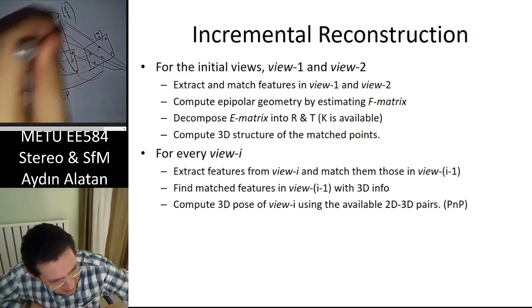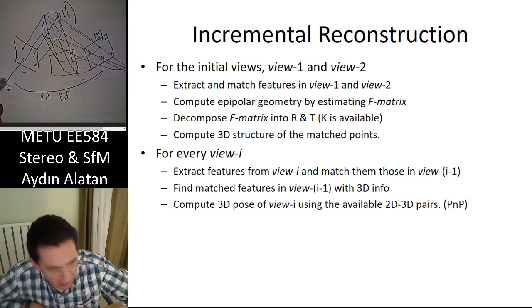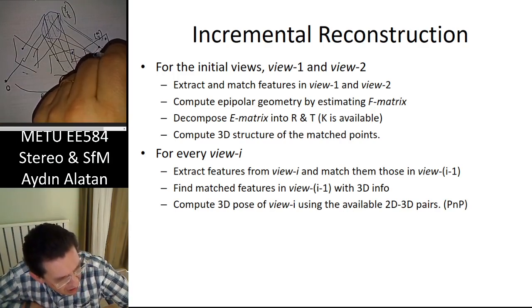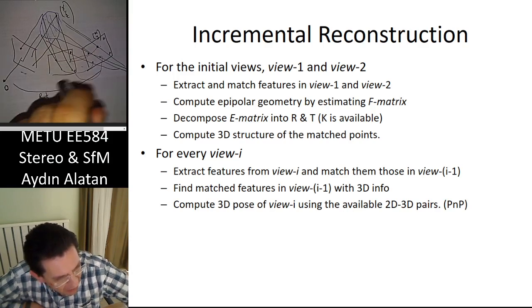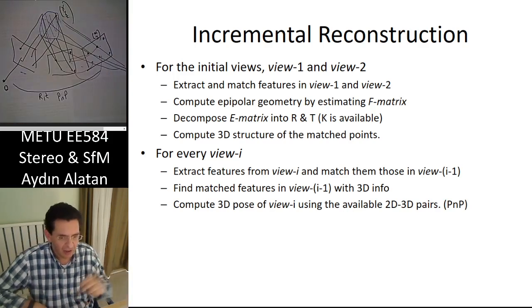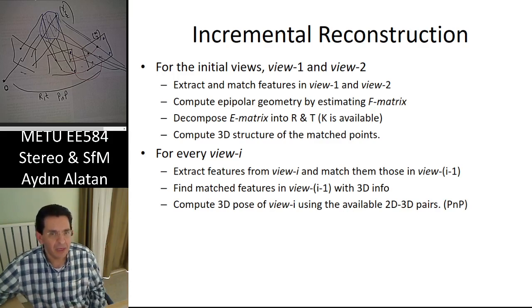Knowing X, Y, Z with respect to this model coordinate system, and those points here which are connected to the previous ones, I can find the rotation and translation with respect to the model or world coordinate system, the new one, easily, without a scale problem, using PnP.